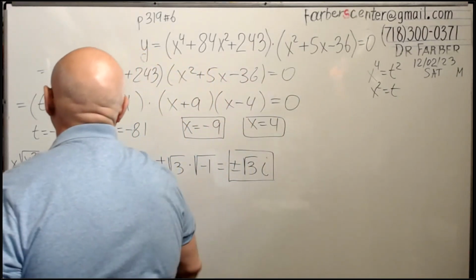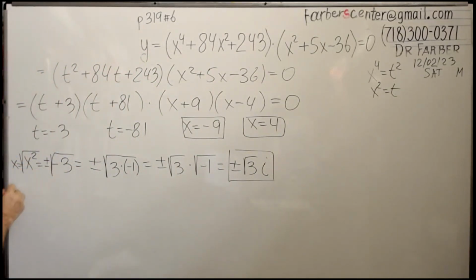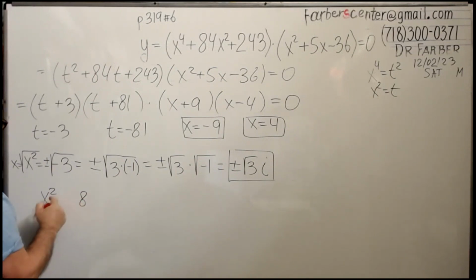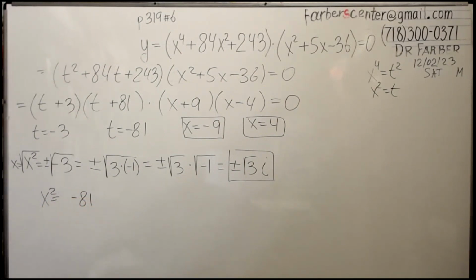I start from this one. So I put here x to the second equals negative 81. I make a little bit of room here. As you did before, you take the square root of both sides. This is x.